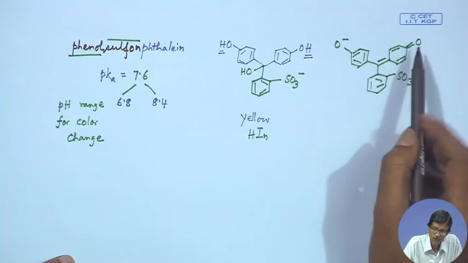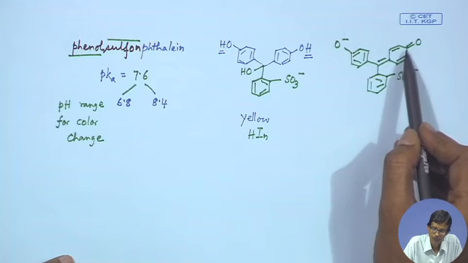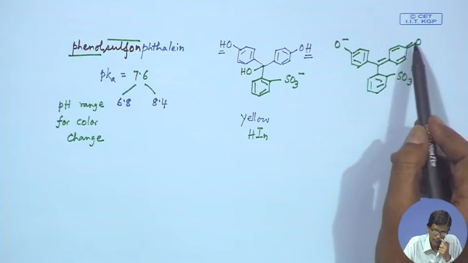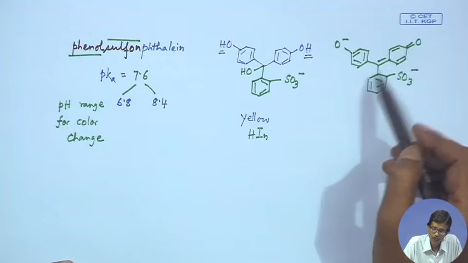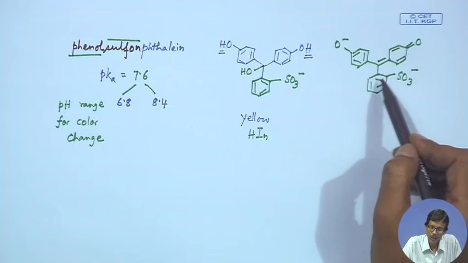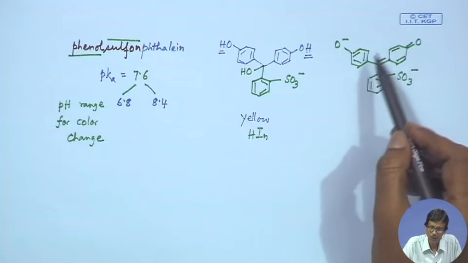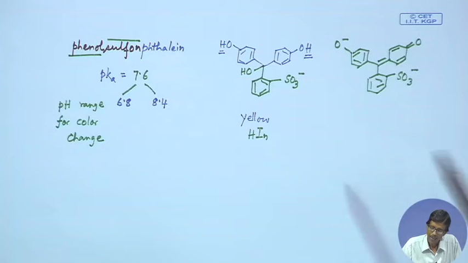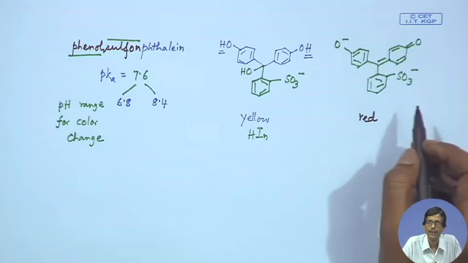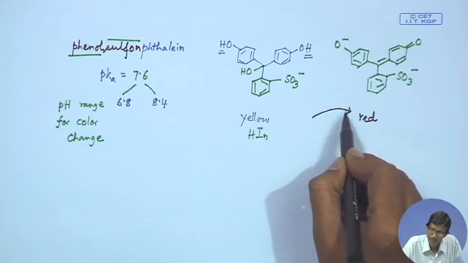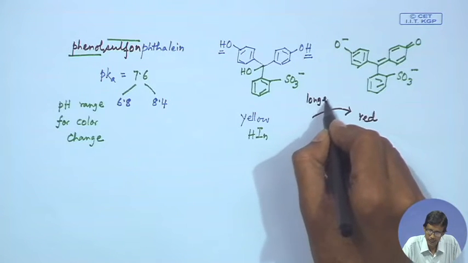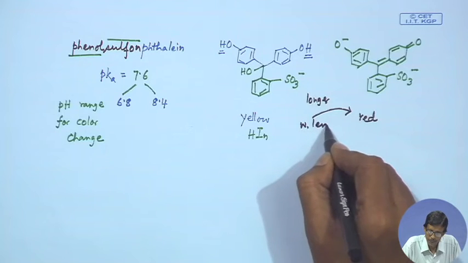In this quinone form, there are more double bonds, the C=O and C=C double bonds, so there is conjugation. The electronic absorption can then be in the longer wavelength, low energy region, so this compound shows a red color. We sometimes say something is red shifted, meaning it goes to a longer wavelength range.